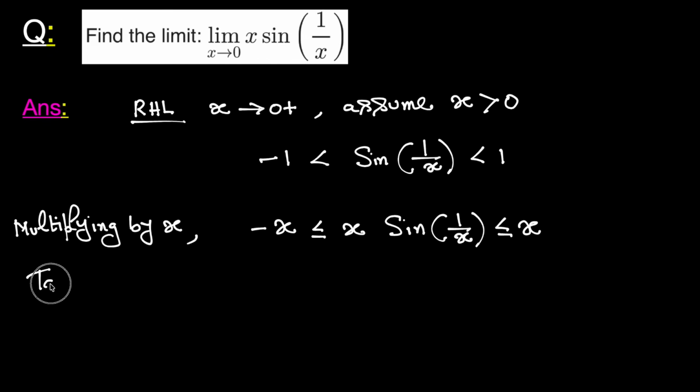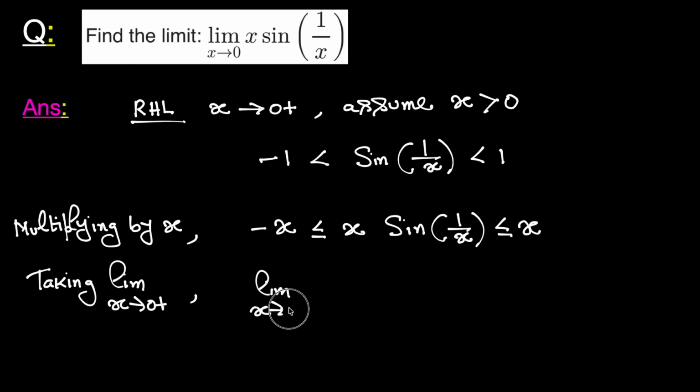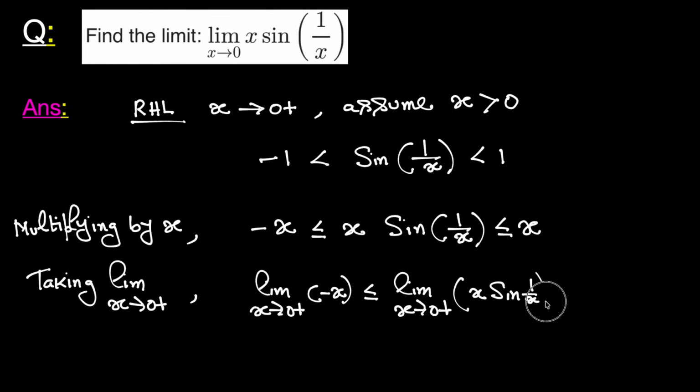Now taking a limit x tends to 0 plus on both sides, we obtain that limit x tends to 0 plus of minus x less or equals to limit x tends to 0 plus x sine of 1 by x less or equals to limit x tends to 0 plus x.